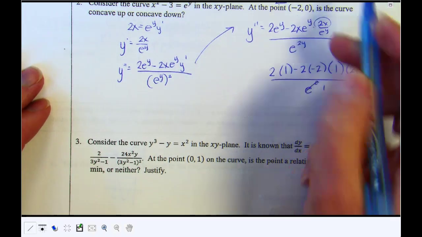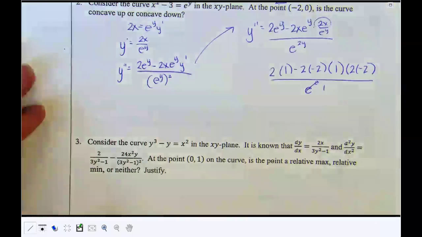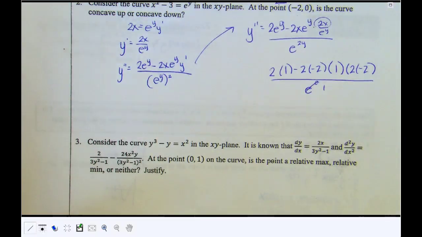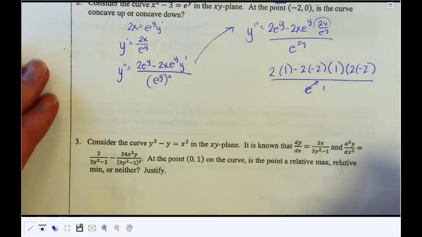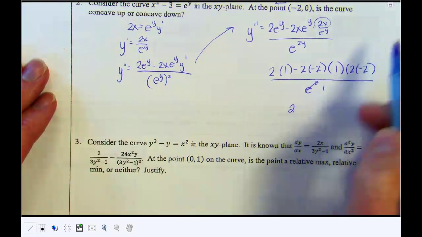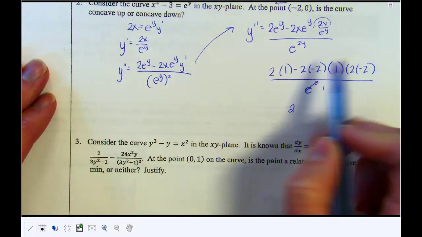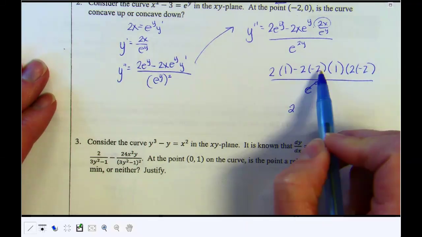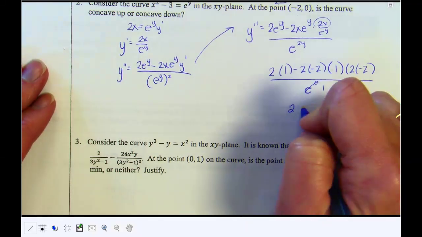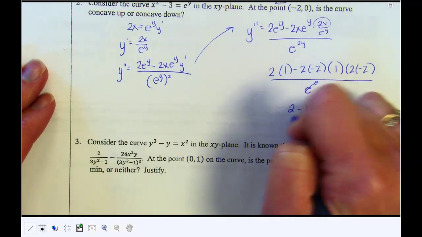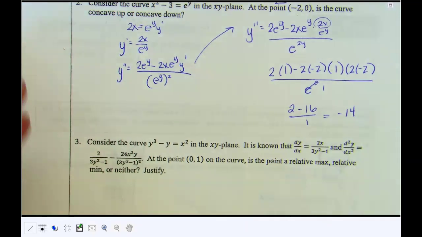So I'm plugging my e to the 0 in and just writing down 1. Negative 2, 4, 6, 8. 4, 8, 12. 4, 8, 16 over 1. It's negative 14.